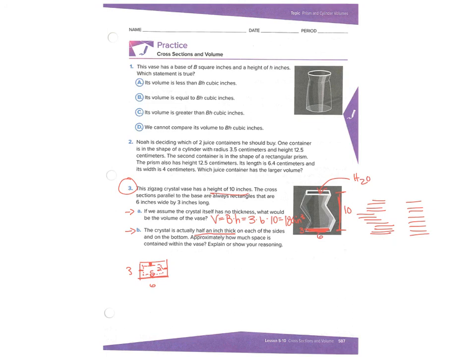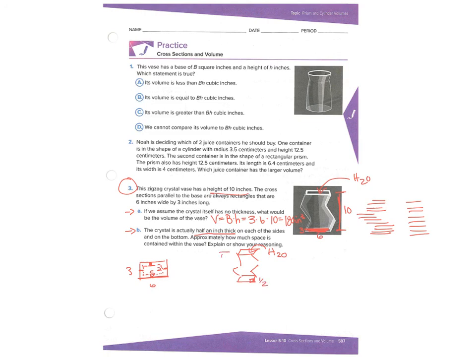As I'm looking at my vase up at the top, and this is my base at the bottom, and it's zigzagged up to the top. I'm not really concerned with the zigzag part right now. But if you can imagine, the top has no thickness because it's open to pour in my water. However, down here on the bottom, the base does have a 1/2 inch thickness.